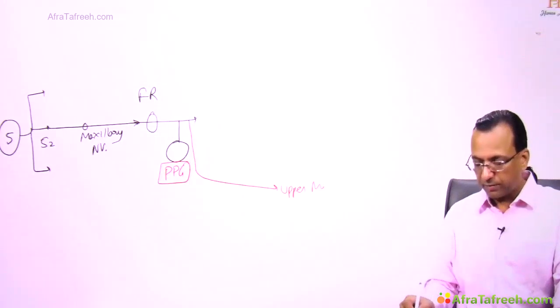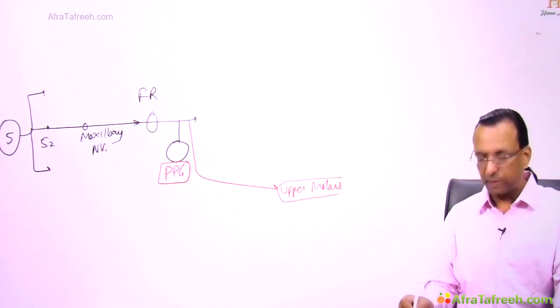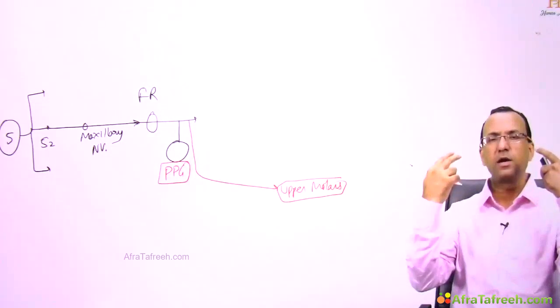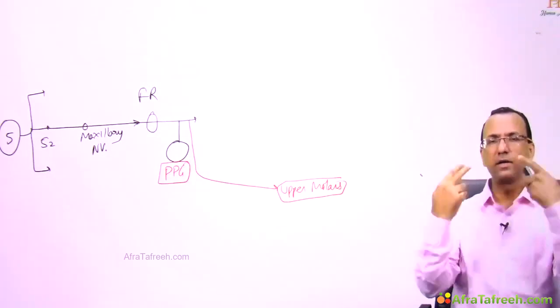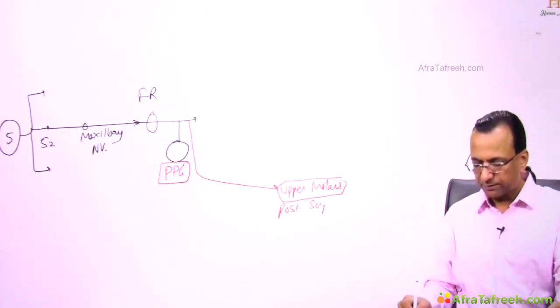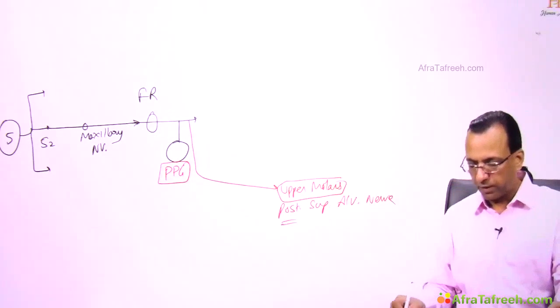What is the name of that branch? This is the upper molar, so the superior alveolar nerve: the posterior superior alveolar nerve, yes.